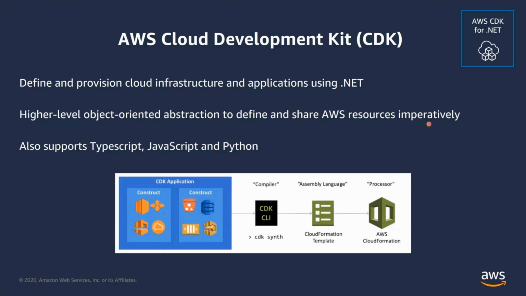AWS Cloud Development Kit allows you to use C# to define infrastructure as code. So no longer do you have to actually spend all your time in CloudFormation, whether you're using JSON or YAML. And if you happen to love coding all that out in JSON or YAML, you can still continue to do that.